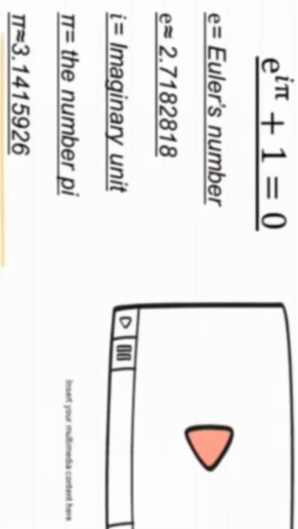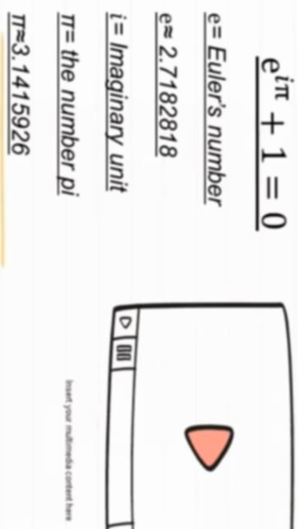So Euler's identity is e raised to the power of i pi plus 1 is equal to 0. e is equal to Euler's number, approximately 2.71828, and i is equal to the imaginary unit, and pi is the number pi.